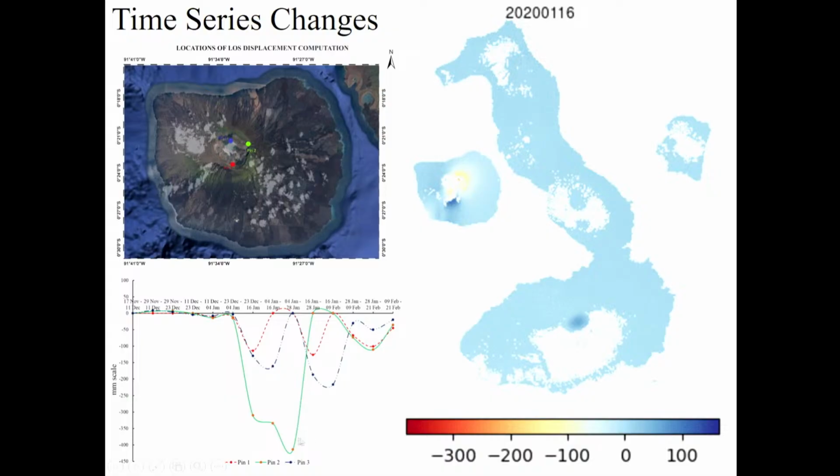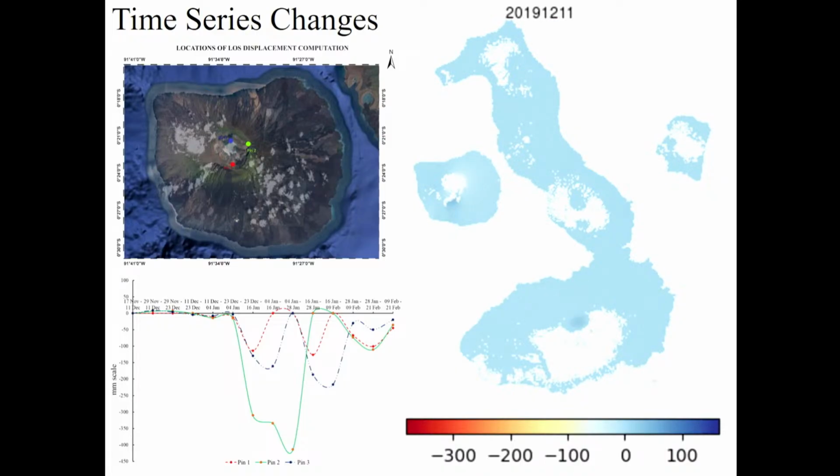Okay, and when the time series map was generated for the entire Galapagos archipelago, basically this time series map was generated with the help of SBAS interferometric processing of HyP3, maintained by the Alaska Satellite Facility, ASF.